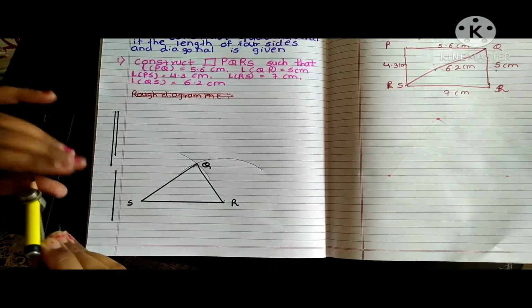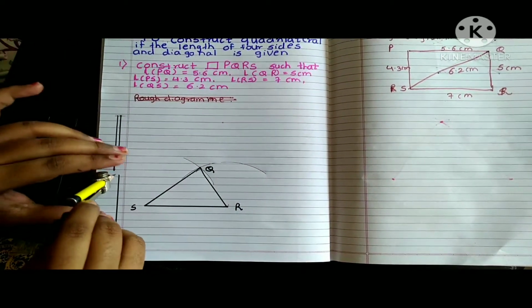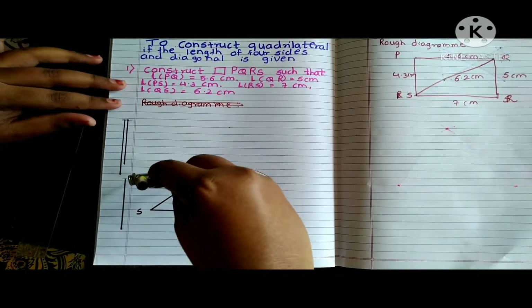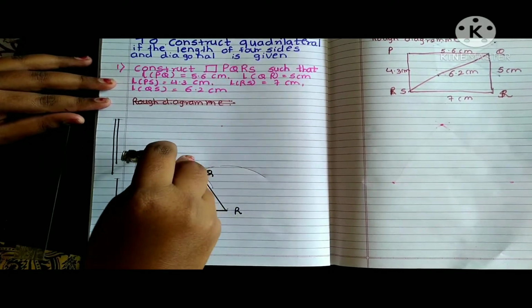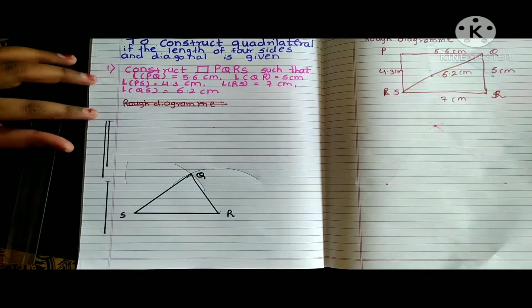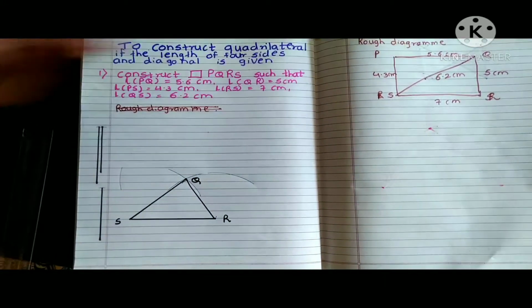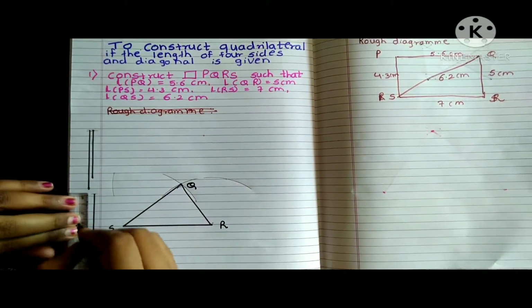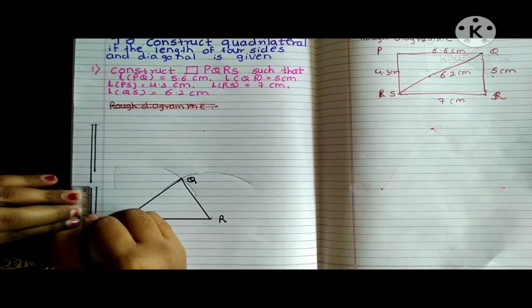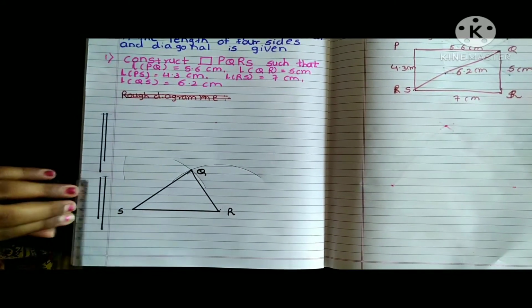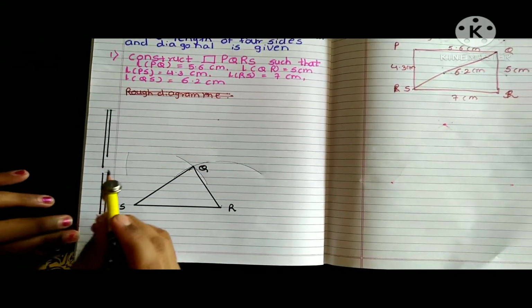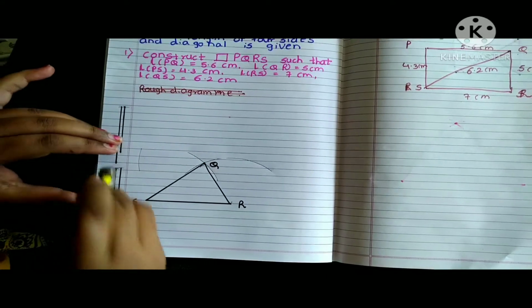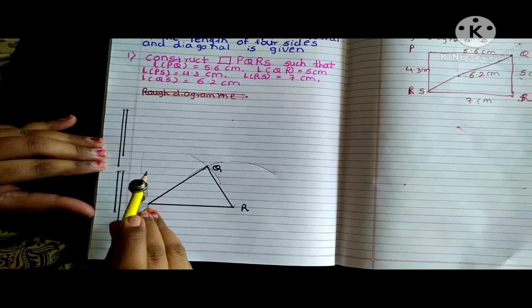So now I will draw the arc in horizontal way, and from S, PS is 4.3 centimeter. So I will put the rounder on S.